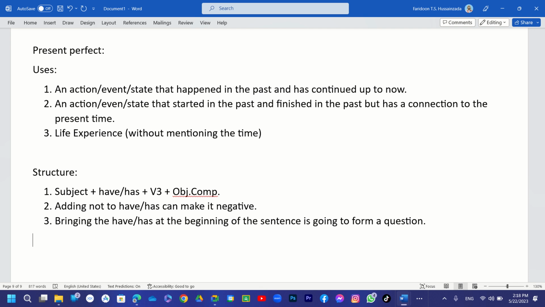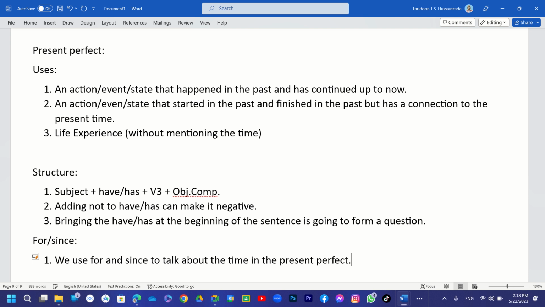Now, how do for and since come in, right? So we use for and since to talk about the time in the present perfect.